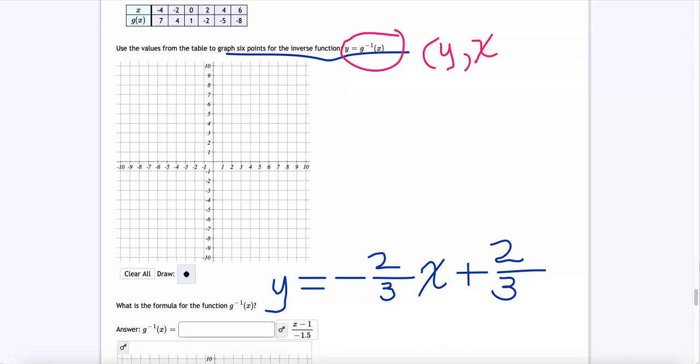So as I go through each of these points, I'm going to go the opposite direction. Instead of -4, 7, I'm going to graph 7, -4. So I have 7, -4, 4, -2, 1, 0, -2, 2, -5, 4, and -8, 6.